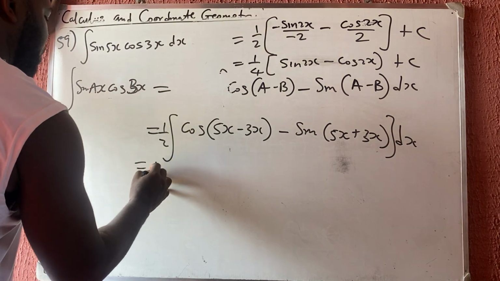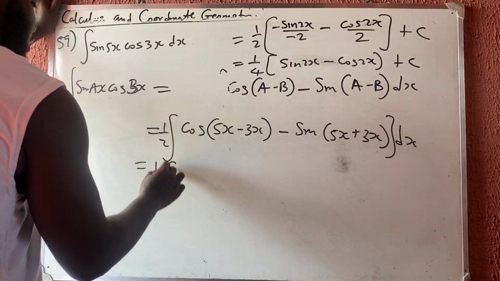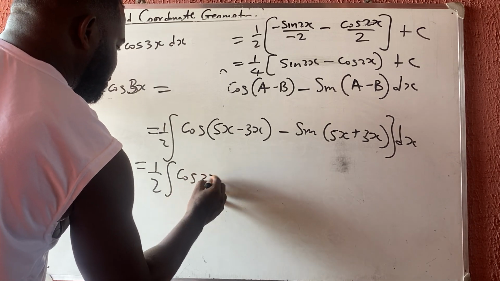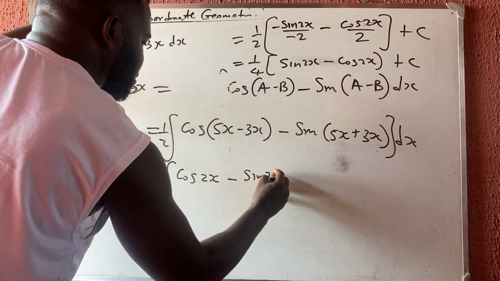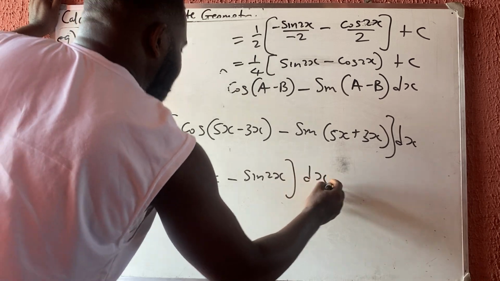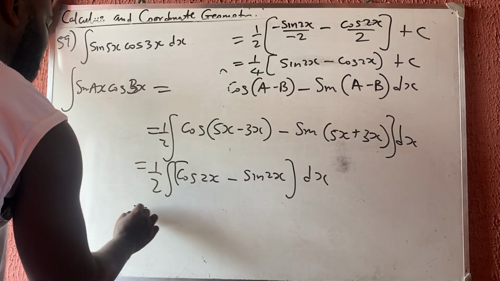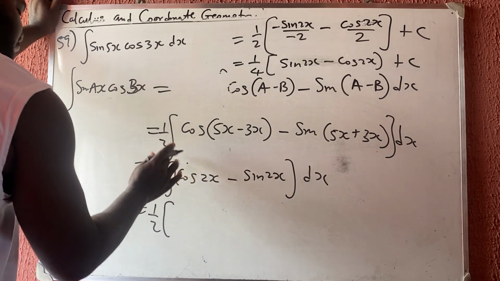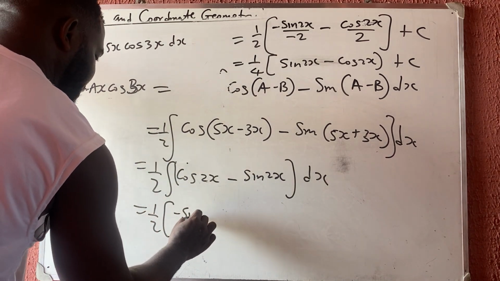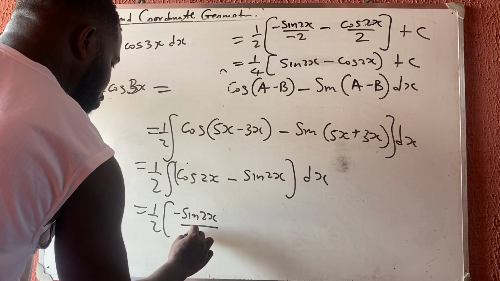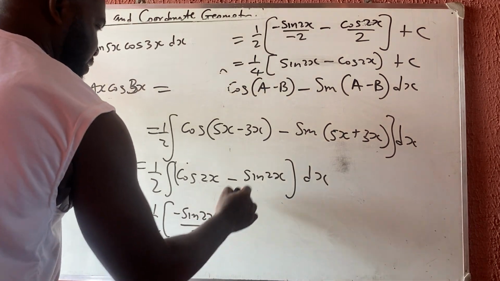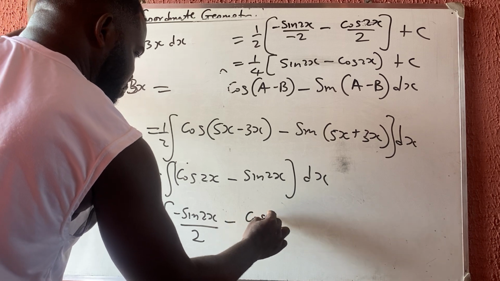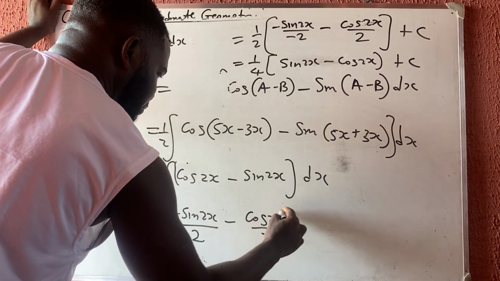So let us check. 1 over 2 the integral of cos 2x minus sine 2x dx. Which is 1 over 2 into, integration of cos is sine, so I have sine 2x over 2, then minus integration of sine is minus cos, that is cos 2x over 2.